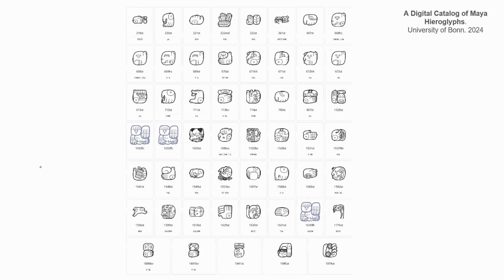So this is an excerpt of that. We now have a new feature where you can search for specific elements. I told the system, give me all the signs that contain hands. And it shows here the Tz'iib hieroglyph that I'm going to discuss later. These are hands here, figures with hands. So we have created a kind of dynamic catalog that is useful when you are working with hieroglyphic inscriptions.